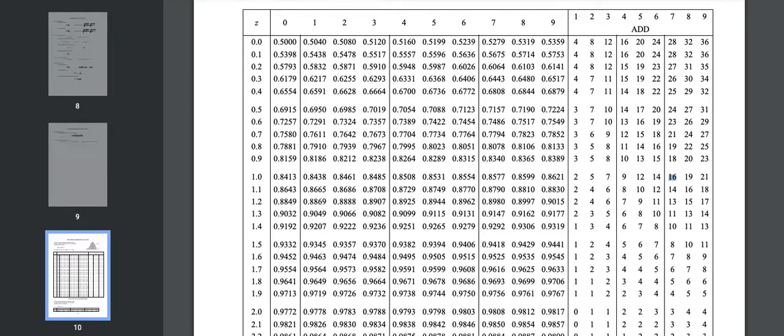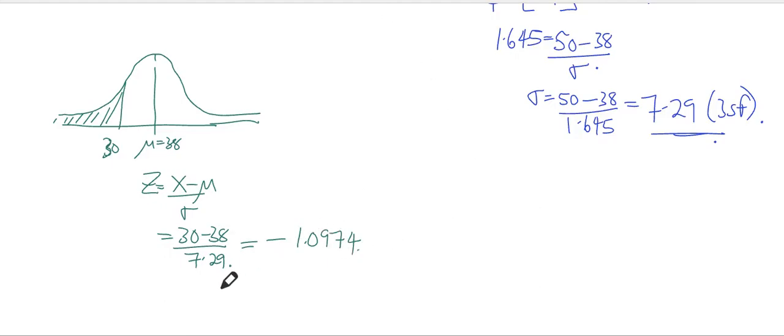And if you look at it, the probability that I've got was 0.8637.